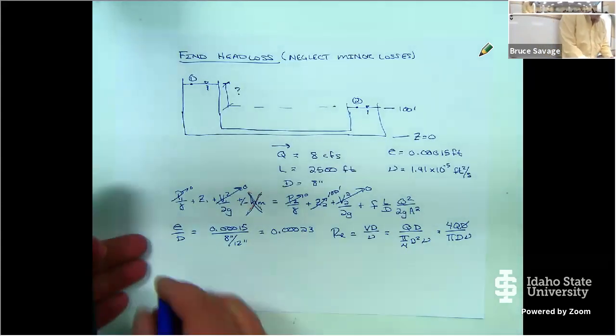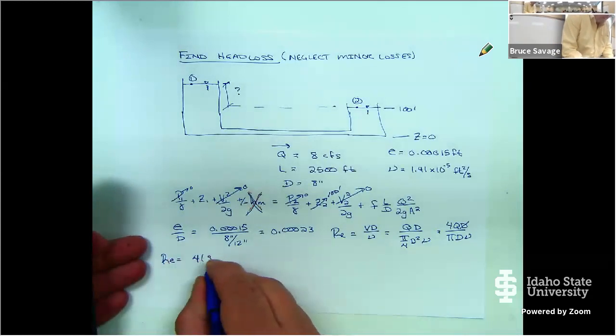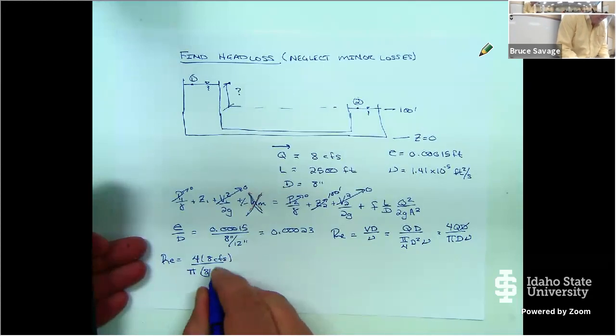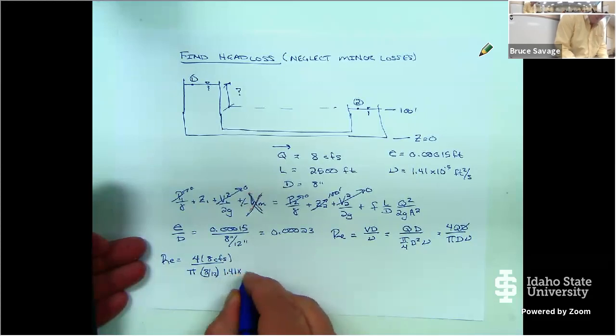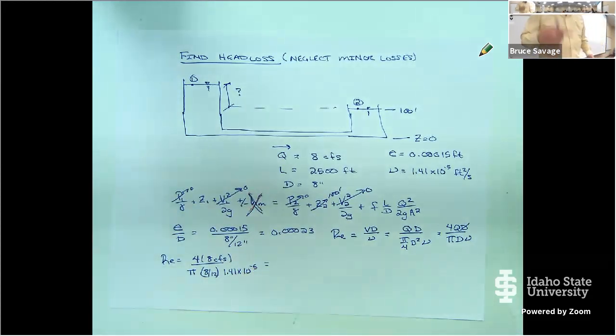Okay, so Reynolds number is going to be equal to 4 times 8 CFS divided by pi times 8 divided by 12 times the kinematic viscosity, which I said is 1.41 times 10 to the negative 5. And we know the Reynolds number is dimensionless, so all the dimensions go out.